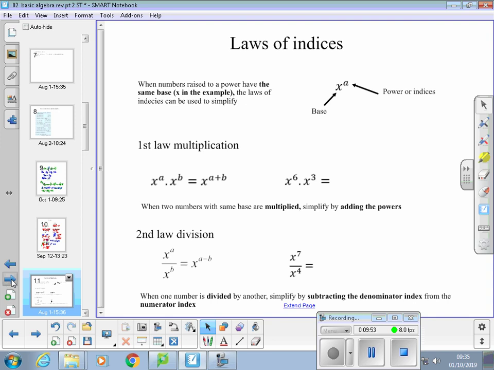In this example, and I do recommend until you get used to it, you actually write it out, that's equal to x to the power of 6 plus 3 equals x to the 9. So first law of indices, if we multiply together, we add the indices. Again, being careful where negative and positive signs together are involved.